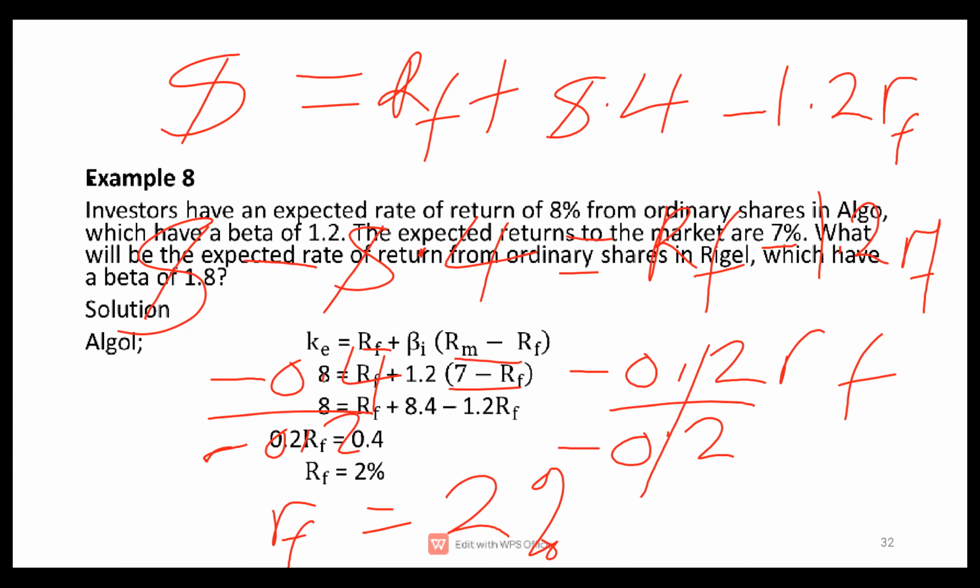But we don't have the risk-free rate that pertains to this particular company, especially as they have their own measure of risk, which is 1.8, very different from Algo company. So from here, you can proceed and find the expected rate of return for ordinary shares, which is the same as the cost of equity.